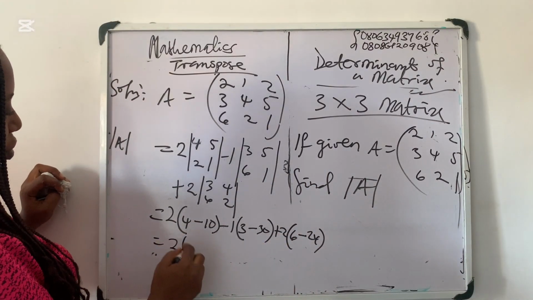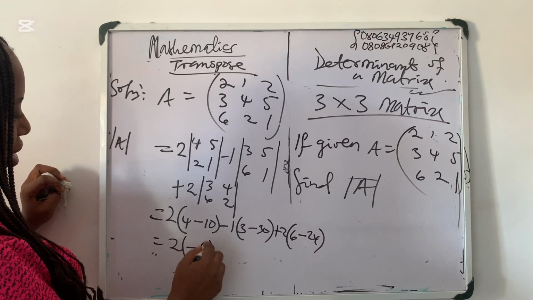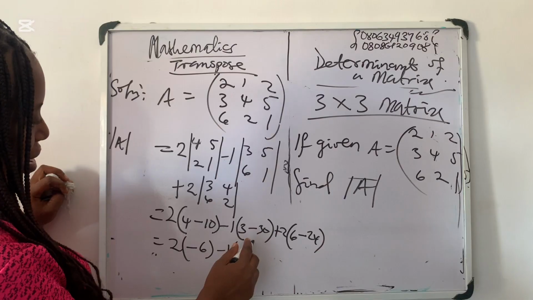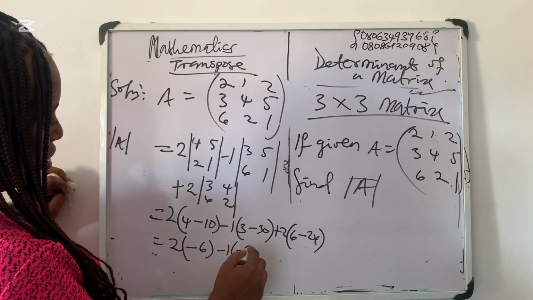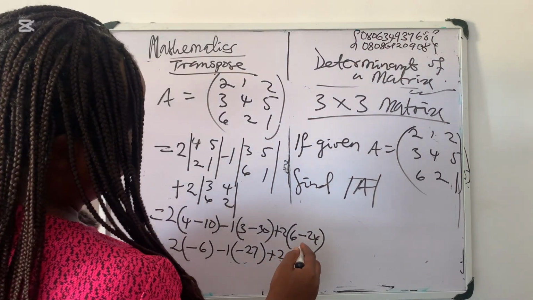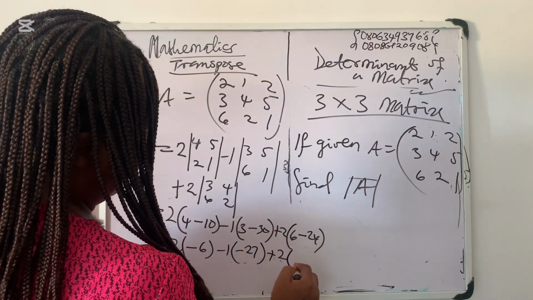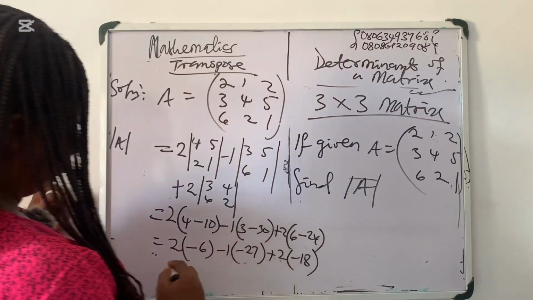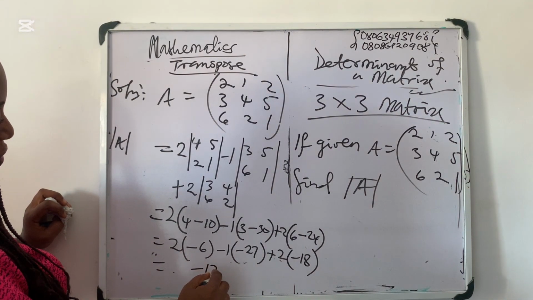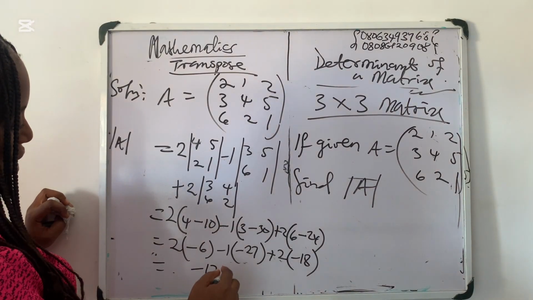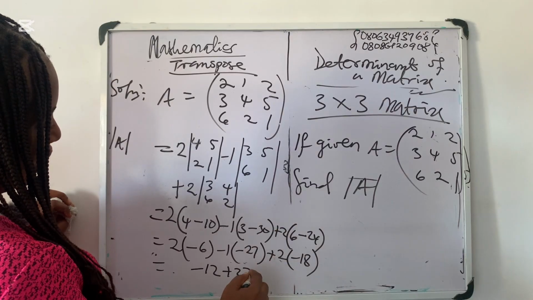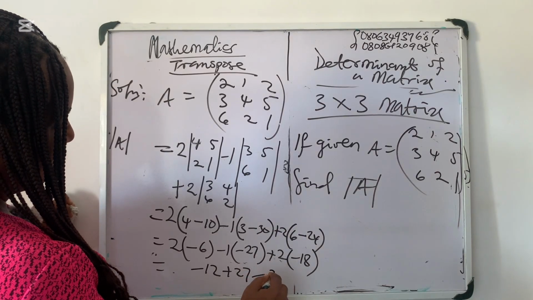Now, 4 minus 10 is minus 6, minus 1, you know, is there. 3 minus 30 is minus 27. We have plus 2 here. 6 minus 24 is minus 18. Right? Continue. 2 times minus 6 is minus 12. Minus 1 times minus 27 is plus 27. Plus 2 times minus 18 is minus 36.